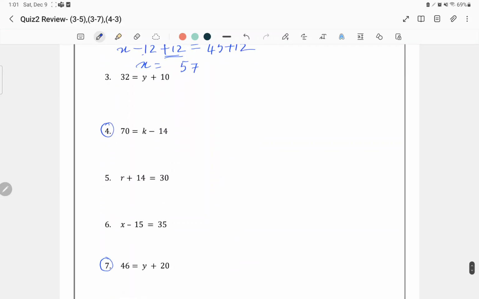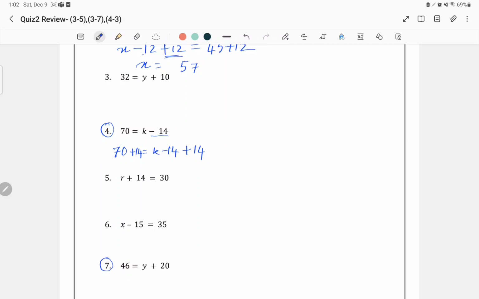Question 4, here you have 70 equals k minus 14. Now somehow you need to get rid of negative 14. So I will add 14 here, and I will add 14 here. Left and right side, whatever you add on the left side, you have to add on the right side as well.